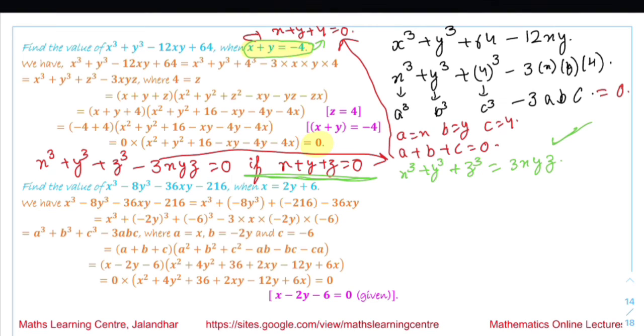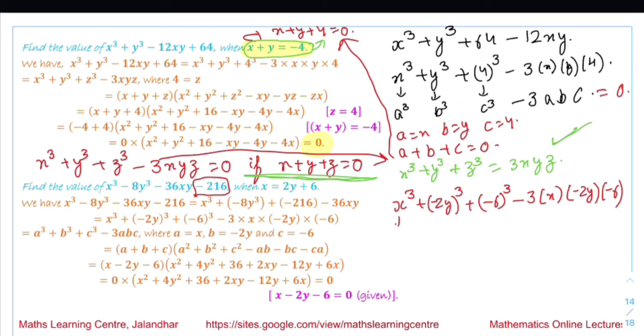Now in the next question, it is x³ + (−2y)³ − 216. So I can write it like the cube of −6. Now the next term will be −3 × x × (−2y) × (−6).